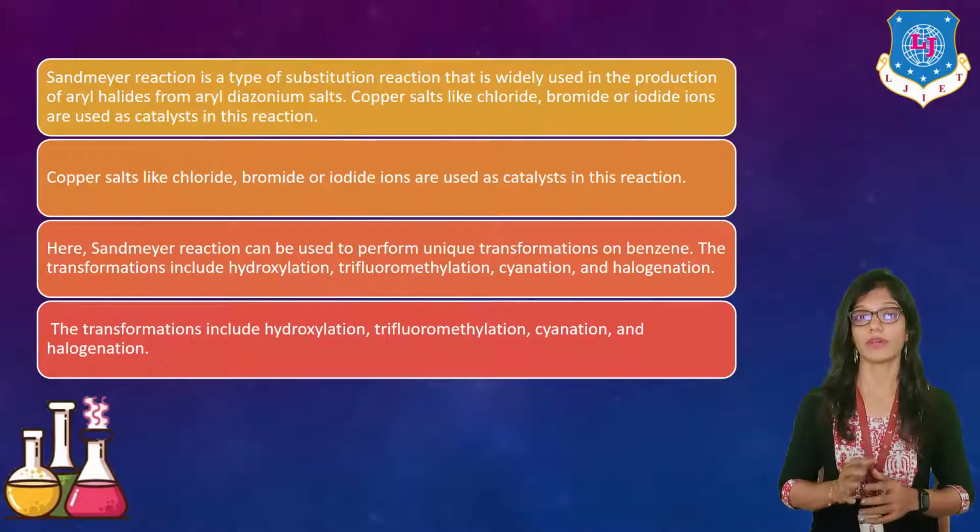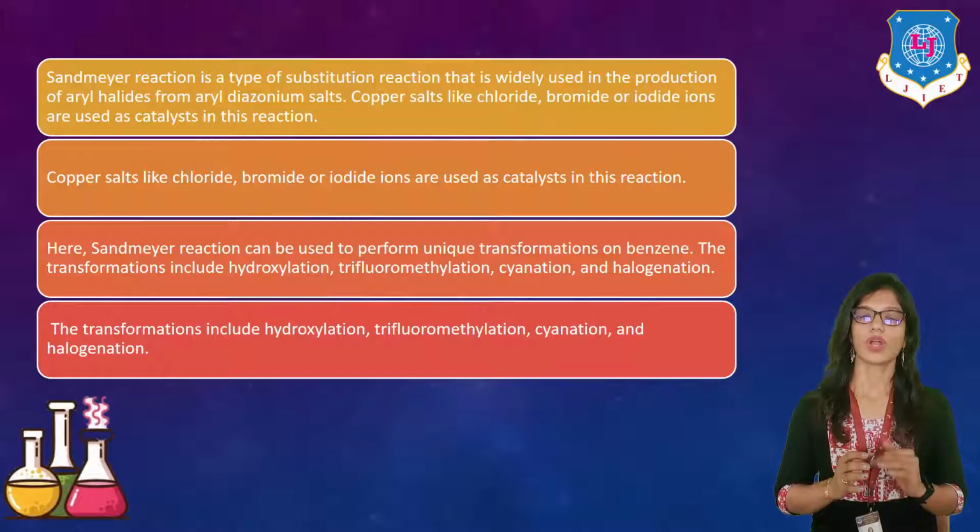And we have here the Sandmeyer reaction. So what is the actual meaning of it and why is it widely used? The Sandmeyer reaction is a type of substitution reaction that is widely used in the production of aryl halides from aryl diazonium salts.